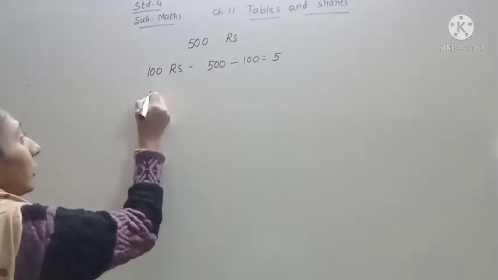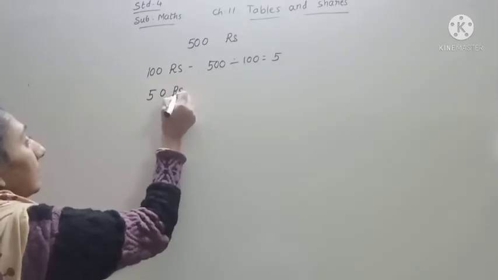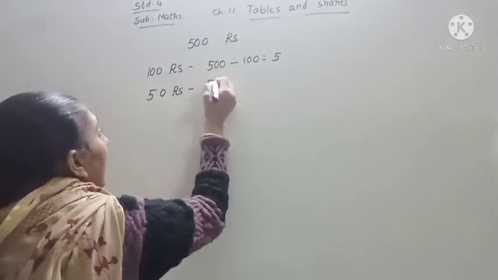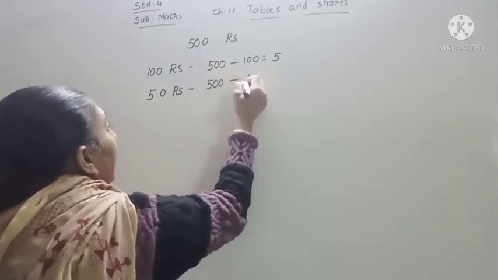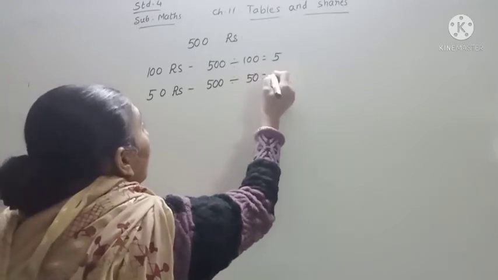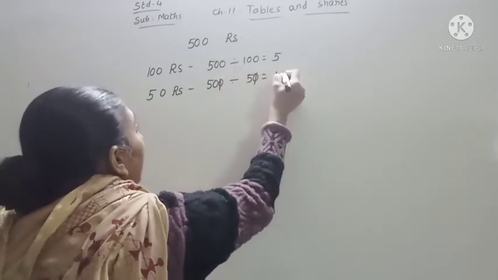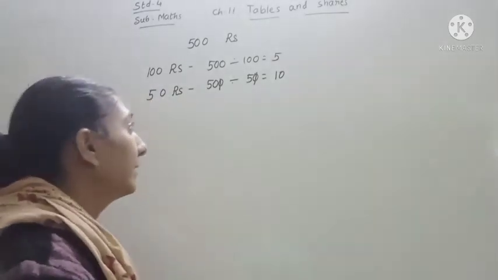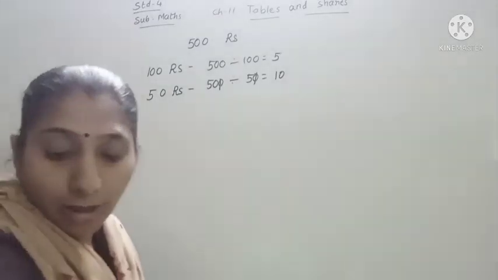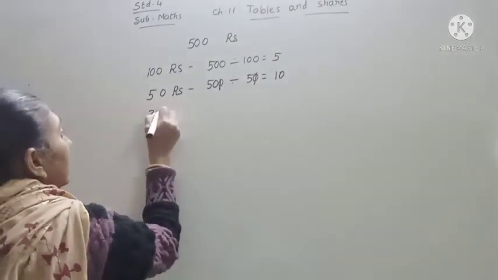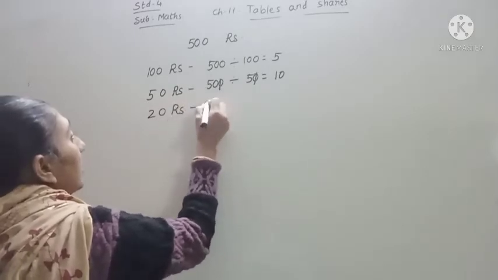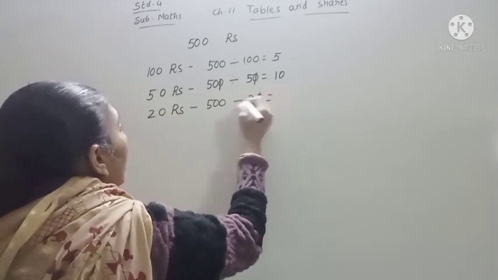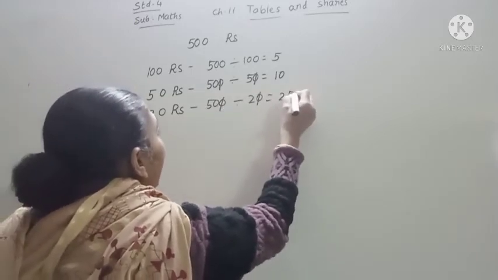Then if all are 50 rupee notes, how many notes will be needed? 500 divided by 50 is equal to 10. Then if all are 20 rupee notes, 500 divided by 20 is equal to 25.